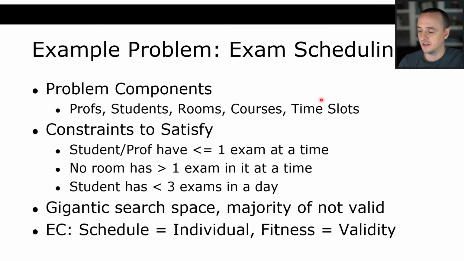So if we have a candidate individual, like a candidate schedule, if the schedule satisfies these constraints, it's very fit and it should reproduce. If it doesn't, like if one student has 5 exams on one day, then it has a low fitness and it shouldn't reproduce. And so if we take the schedule as the individual and the constraints as the fitness, we could actually solve this problem as a genetic algorithm.